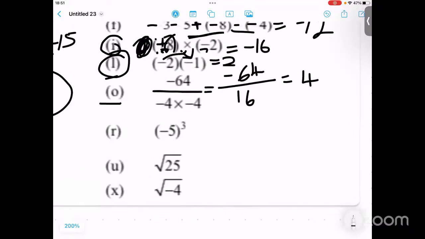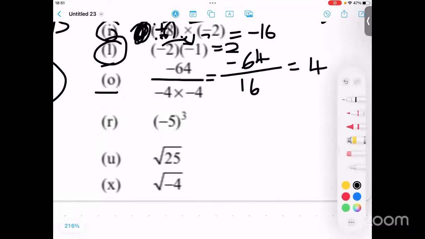Ma'am, as you said, a negative and a negative give us a positive, right? What did I say? A negative and a negative give us a positive. When you add them, when you subtract them, or when you multiply them? When you multiply. Perfect. So a negative multiplied by a negative is positive.